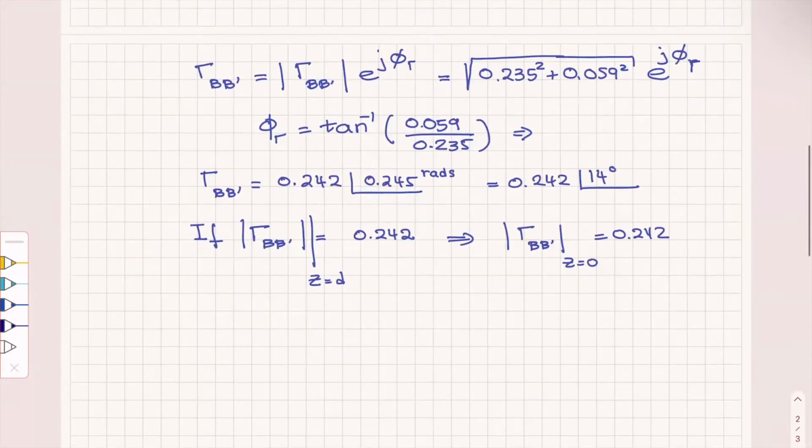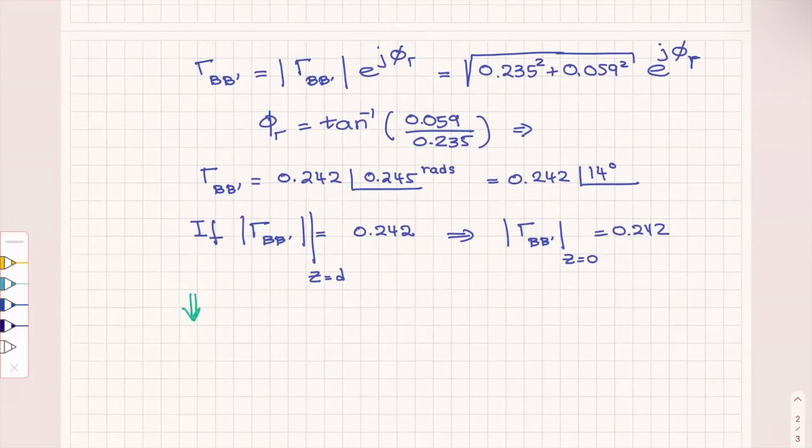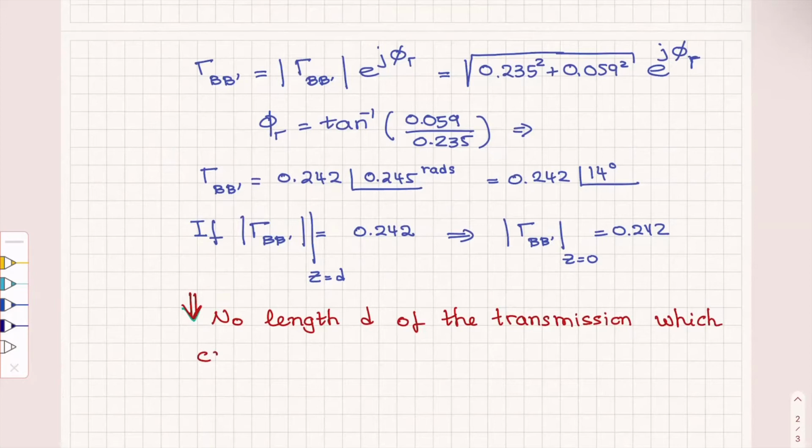So what I say from here is the following: there is no length D of the transmission line that I have included which can give us maximum power transfer to the load. Why is that?